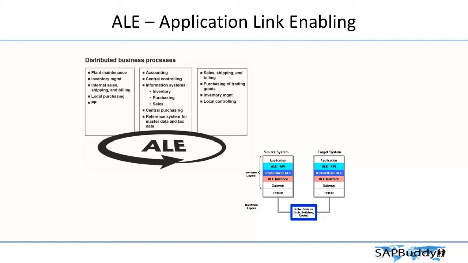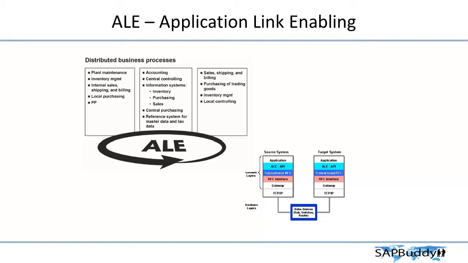The basic concept behind ALE, Application Link Enabling, is to ensure the operation of distributed systems that are still integrated in a single landscape. The systems can be distributed, but the business processes are integrated in a single landscape.